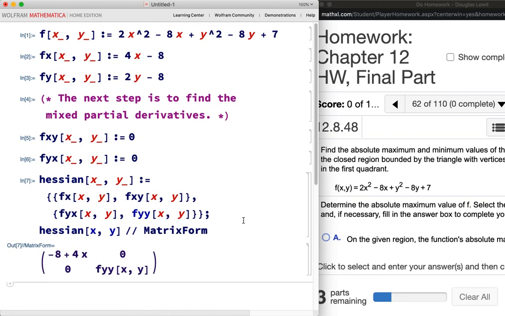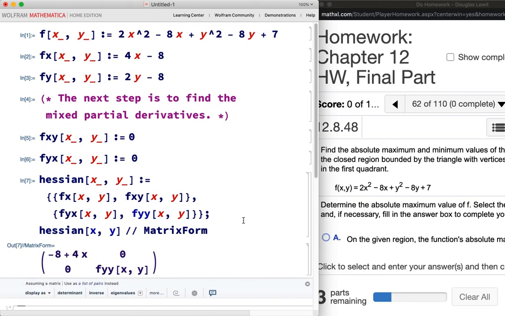Shift Enter. Oh, I see. Okay, I see what the problem is.